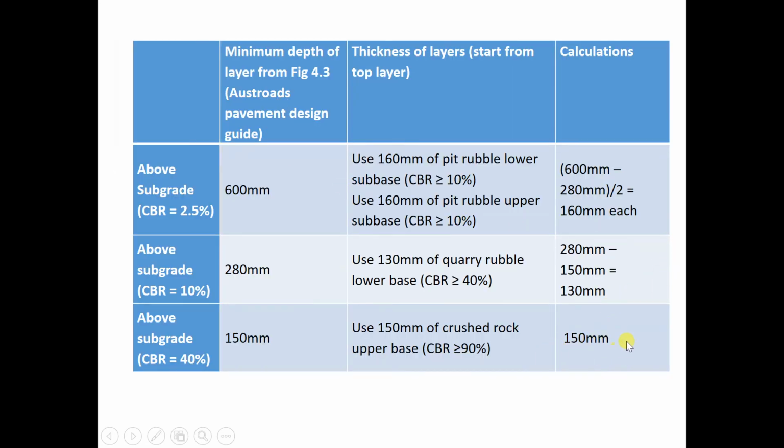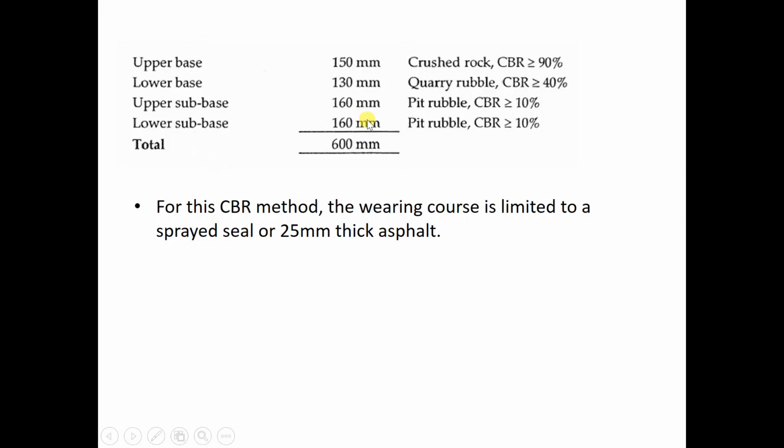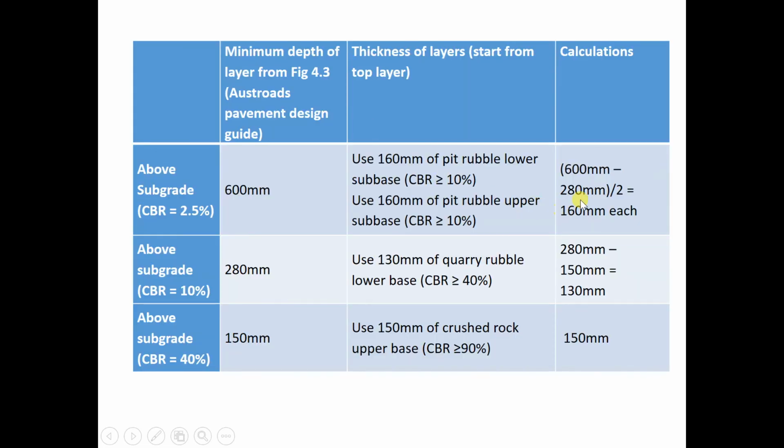This is the upper base, this is the lower base, and then the subgrade. This one above 2.5% is actually the subbase, because I think its thickness is quite substantial. We divide it into two parts.